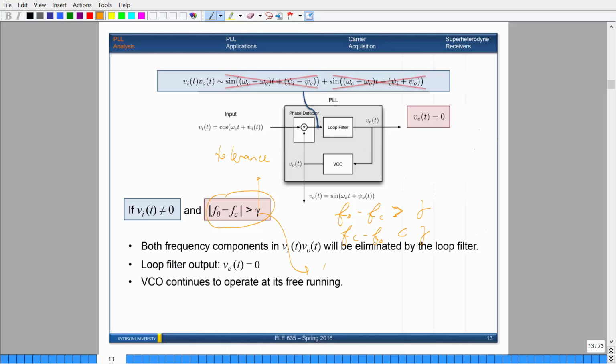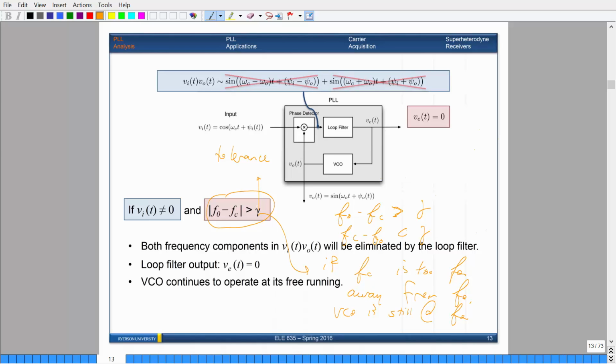So if the FC is too far away from the free running frequency, then don't change, and the VCO is still at f of 0. That's what this implies.